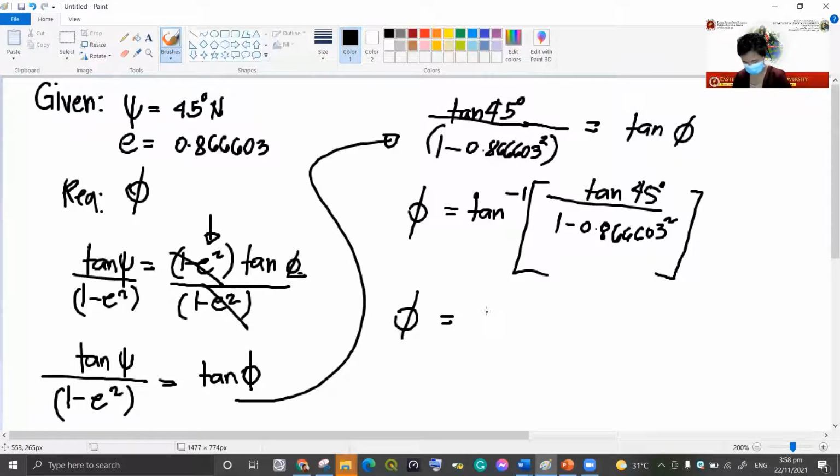Tangent 45 divided by 1 minus 0.866603 squared, then shift tan.